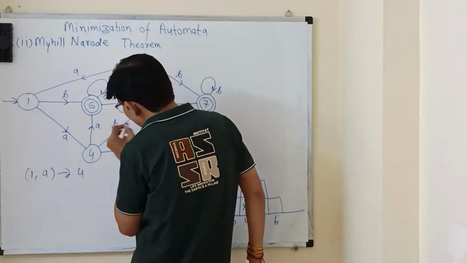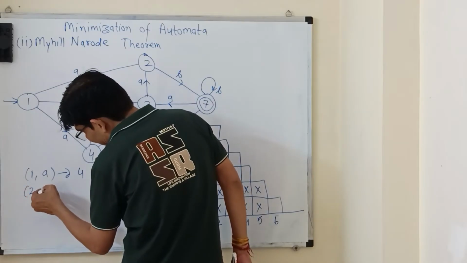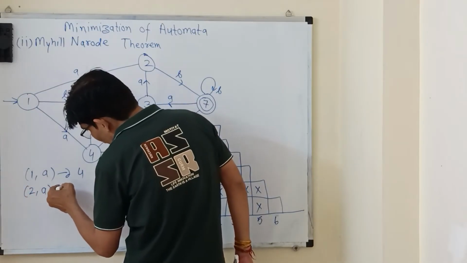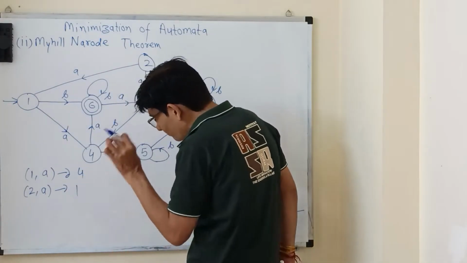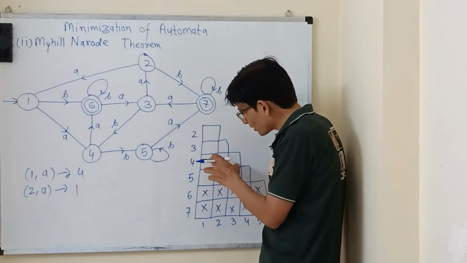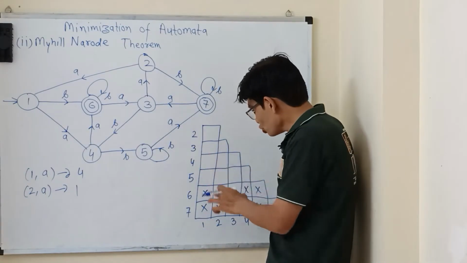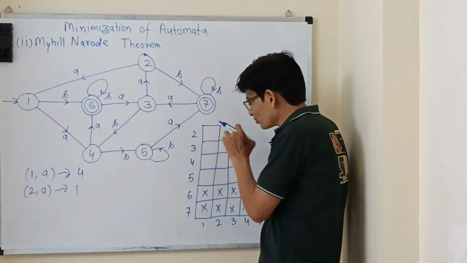On 2, if we are applying A, we are moving to 1. Now you can check whether the 1 and 4 combination has been crossed or not. So 1 and 4, we have not put any cross here. So on the basis of this A transition, we cannot put a cross here.